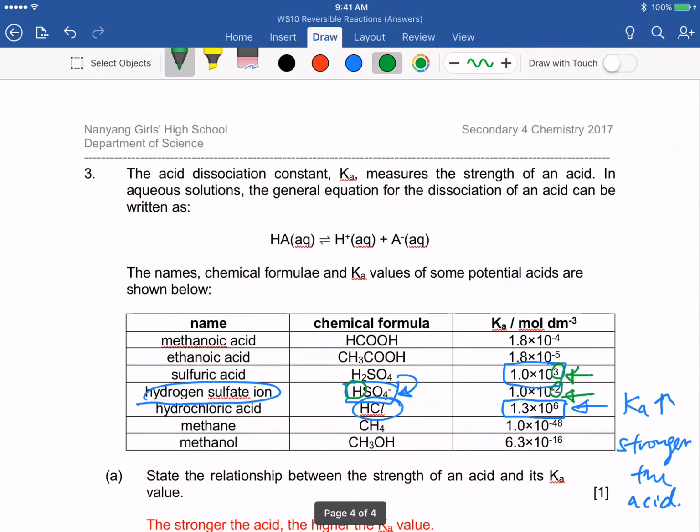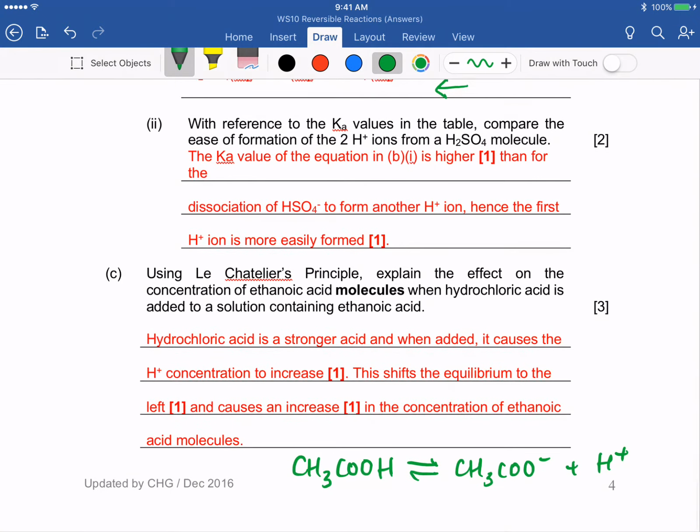So when we add HCl, the concentration of H+ increases, which favors the backwards reaction, and less CH3COOH will dissociate. Or you can say it the other way, which is written here.